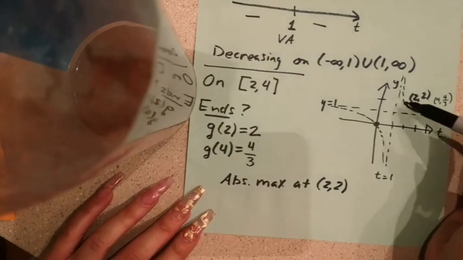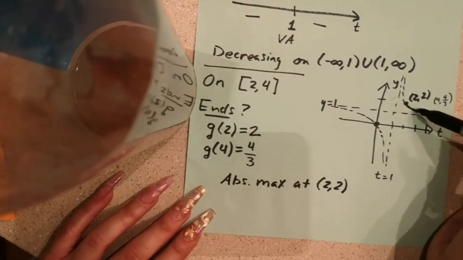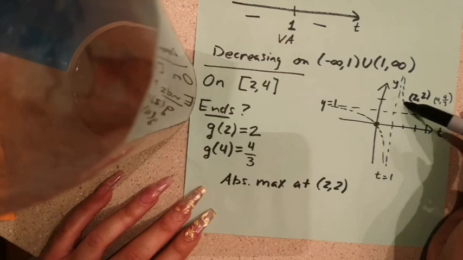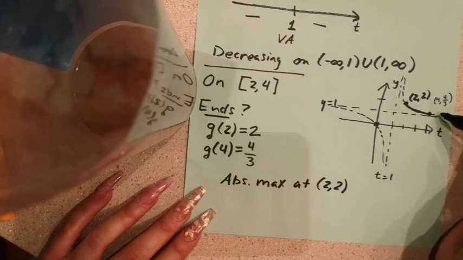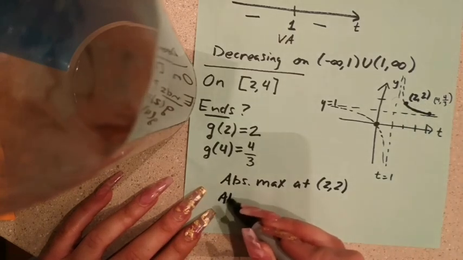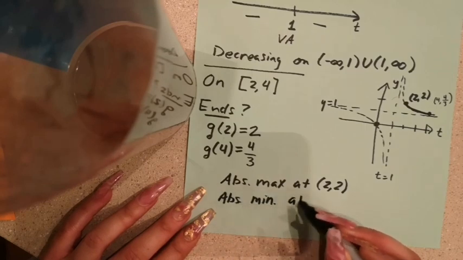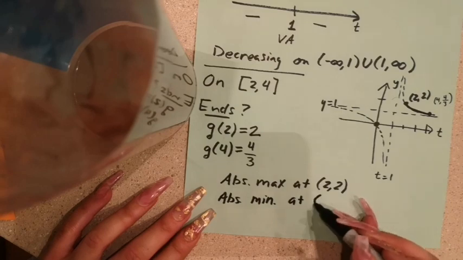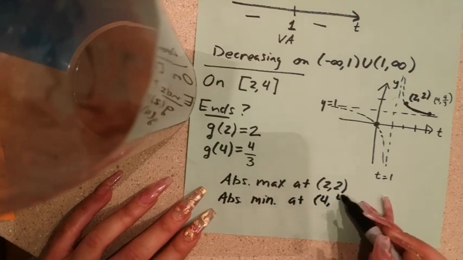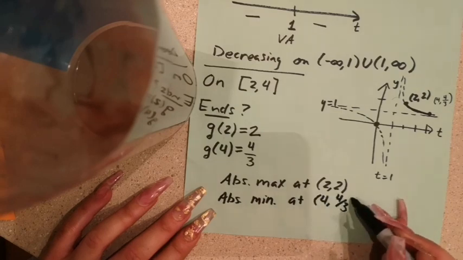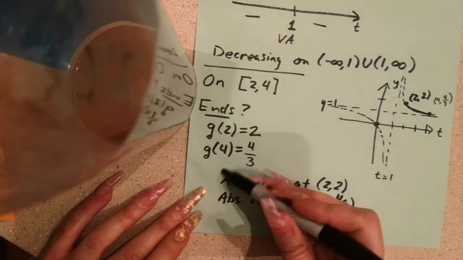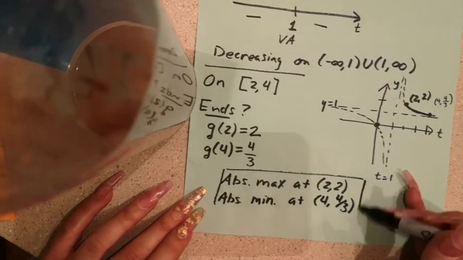Because I'm only interested in this segment. So on that segment, that's the highest point. Versus this guy is my absolute min. And that one is 4, 4/3. And so there's my information.